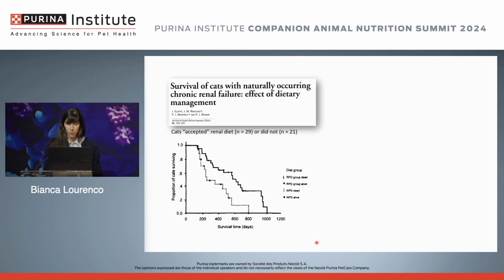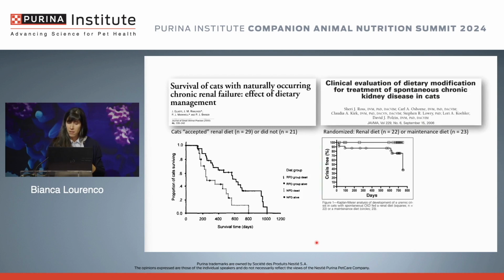In this other study, cats were actually randomized to either receive a renal diet or a maintenance diet, and then followed over time. And what they found was that the cats on a renal diet had improvements in a lot of their functional markers, like BUN, for example.